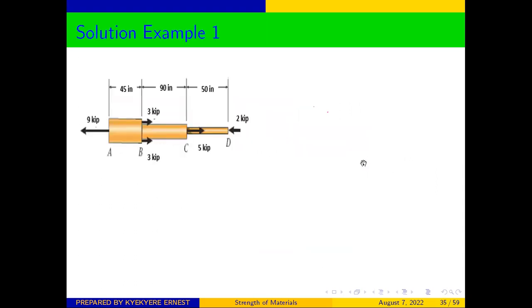Good. We have our question. This is the diagram we have been given. Let's look at how we are going to evaluate and solve this problem.